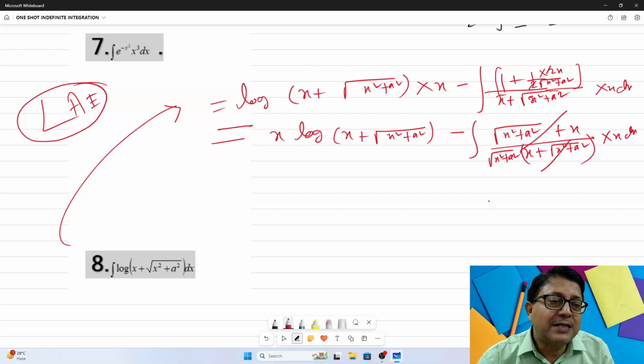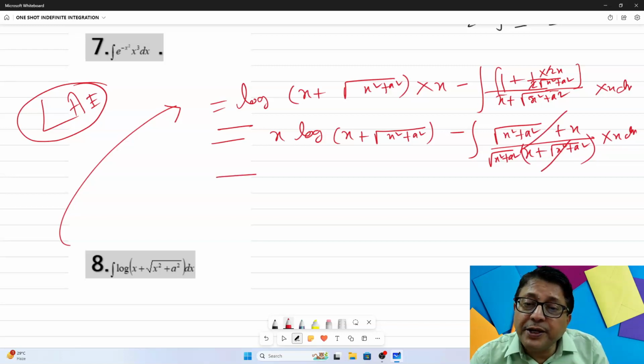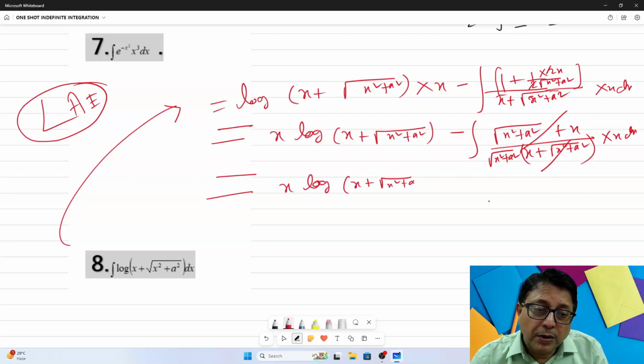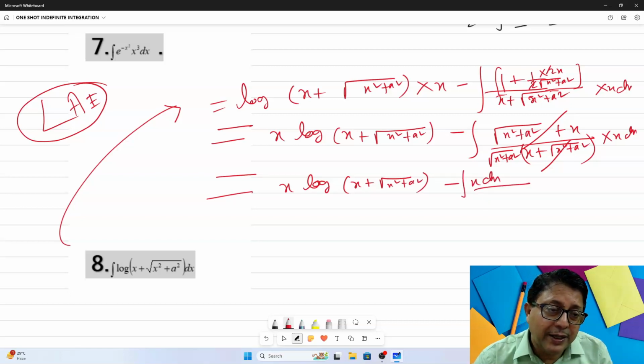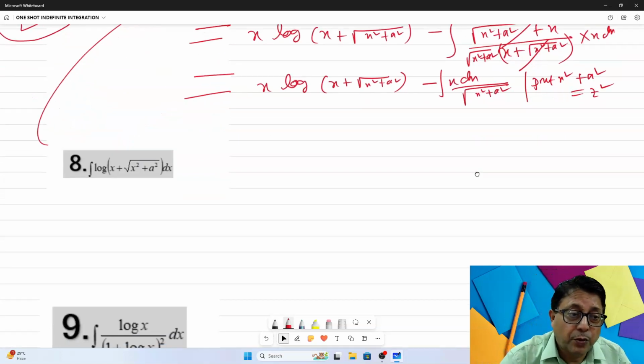These two get cancelled, and this is a very convenient form which you have done before. This is x dx by, so put x square plus a square equal to z square or z, whatever you like.